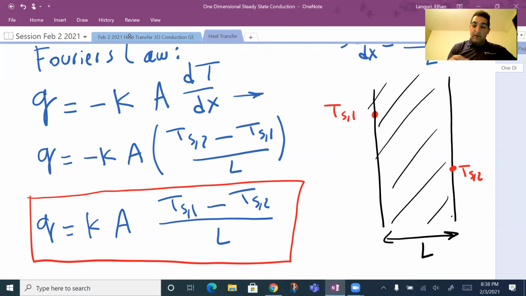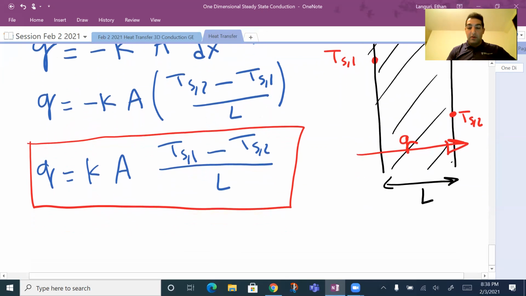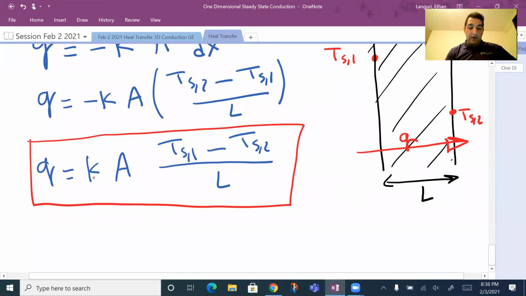And to quantify the amount of heat going from high temperature to low temperature, that's the direction, all I need is thermal conductivity of the wall, area that heat is crossing, times TS1 minus TS2 divided by the thickness of the wall. This is another way to show Fourier's law inside the plane wall.